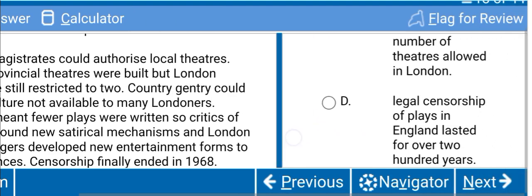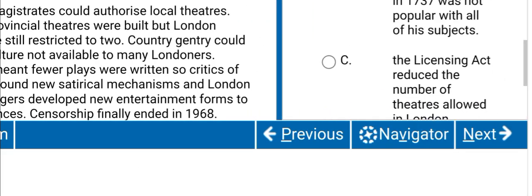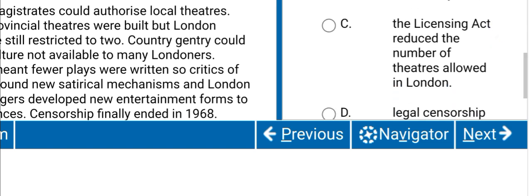So that's why option C, that the Licensing Act reduced the number of theatres allowed in London, is the correct option.